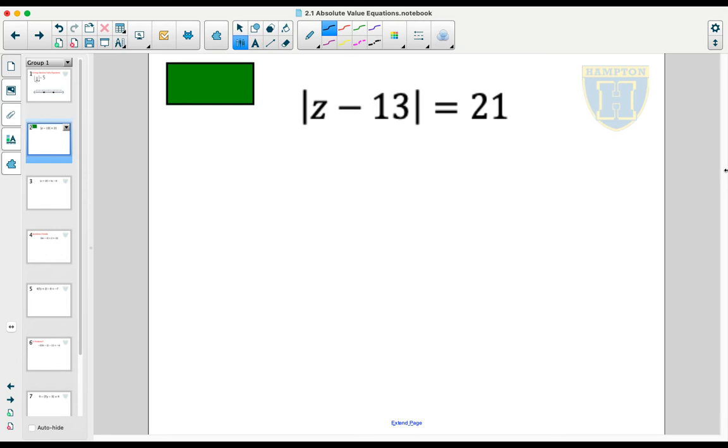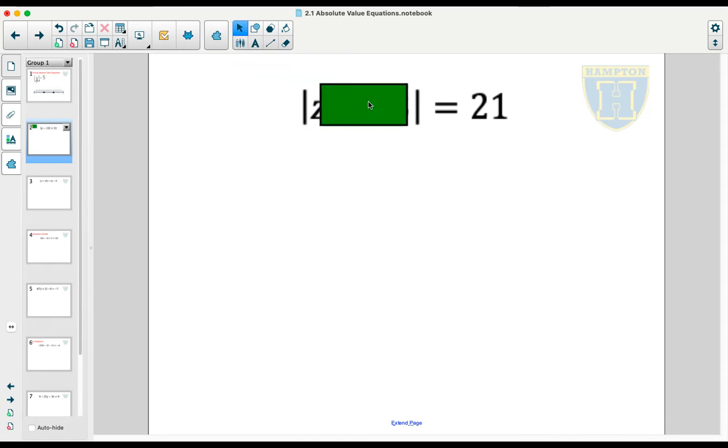It is asking us to identify a number's distance from 0 on a number line. In this example, we don't have a number, but rather an entire expression, z minus 13. Fortunately for us, the same logic holds. We want that entire expression, that entire inside of z minus 13, to have an absolute value equal to 21.